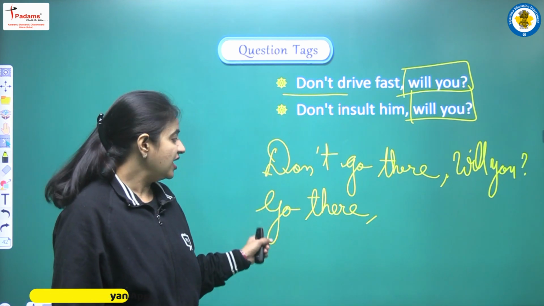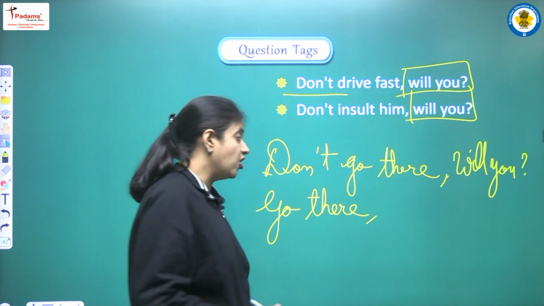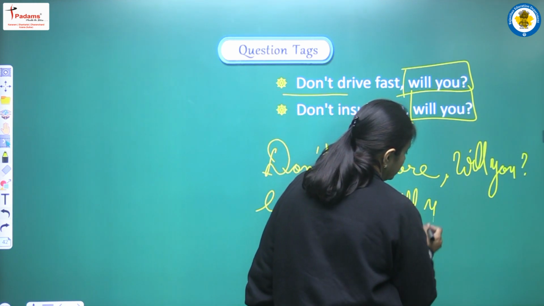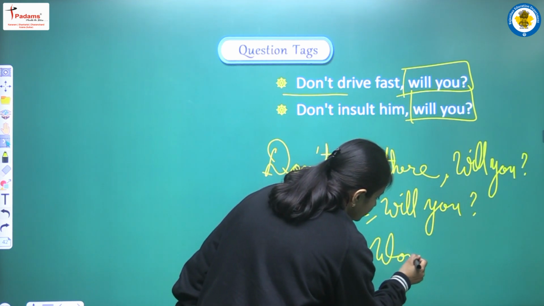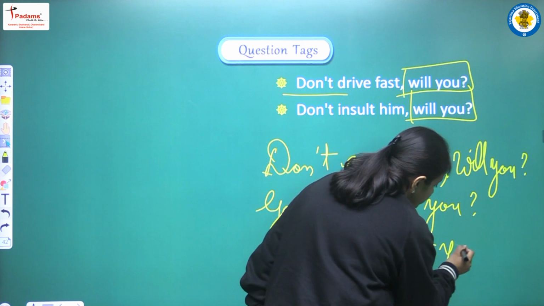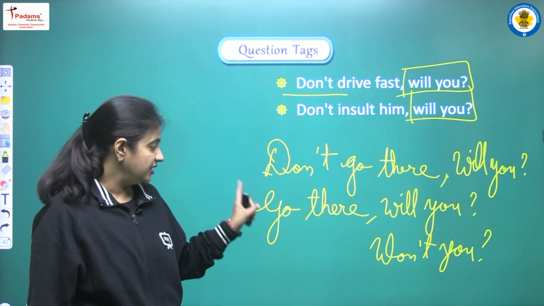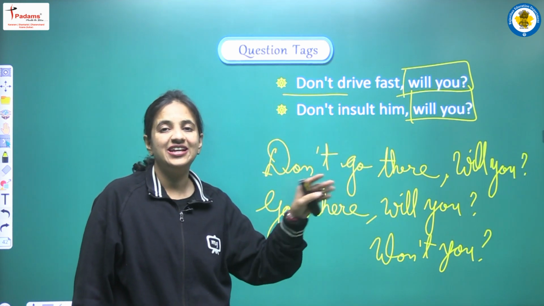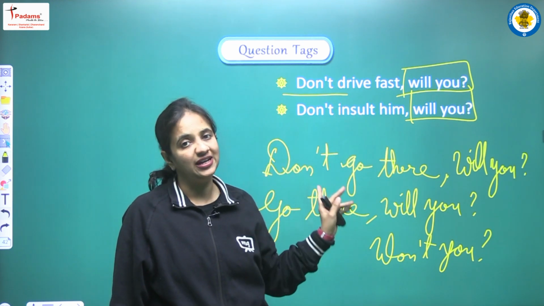But if we have a positive imperative sentence, then we have options. Here the question tag will be will you, this is right, and if you write won't you, then it is also a right option. So in this sentence we have two options, but in the other sentence there is no choice. Here the question tag will be positive only.